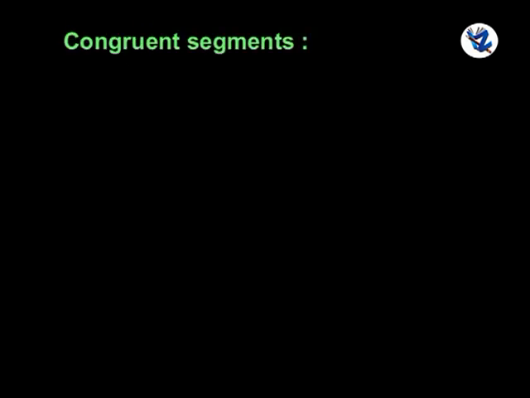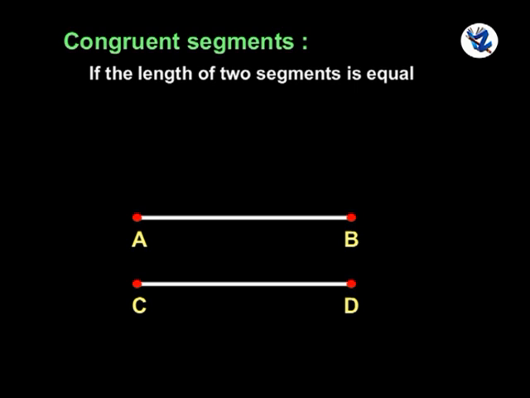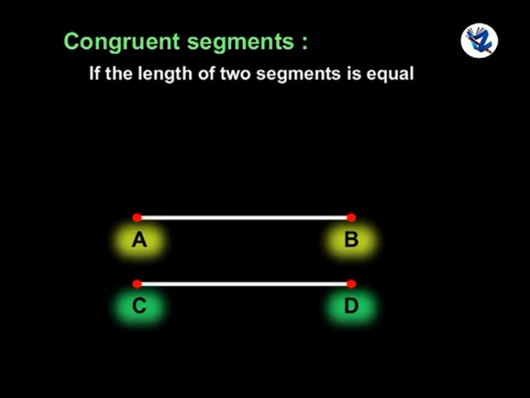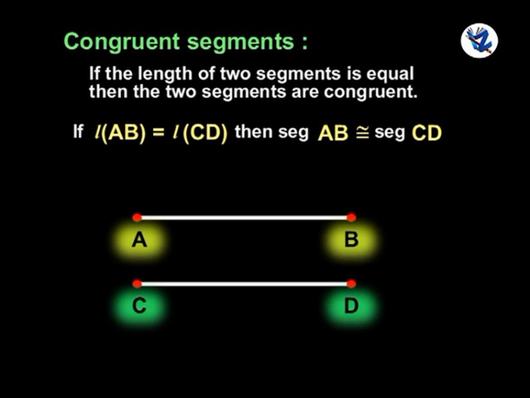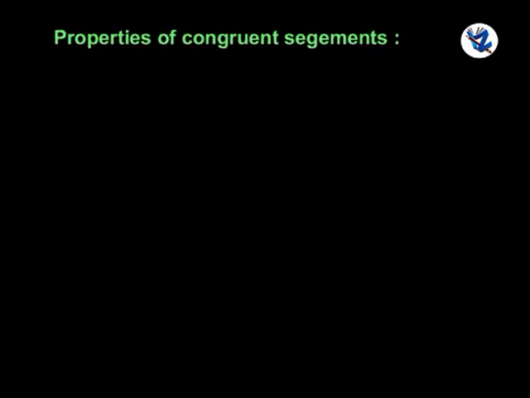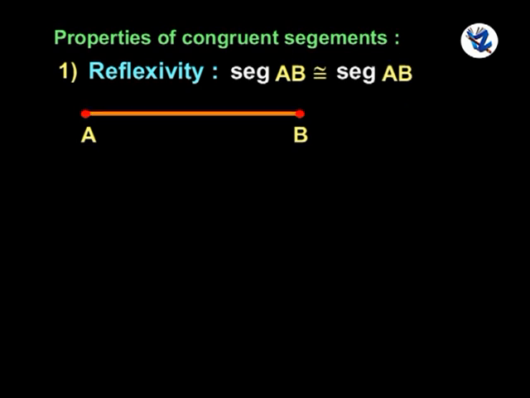Then congruent segments. If the lengths of two segments are equal, then the two segments are congruent. If length AB is equal to length CD, then seg AB is congruent to seg CD. Then properties of congruent segments. First, reflexivity: seg AB is congruent to seg AB.